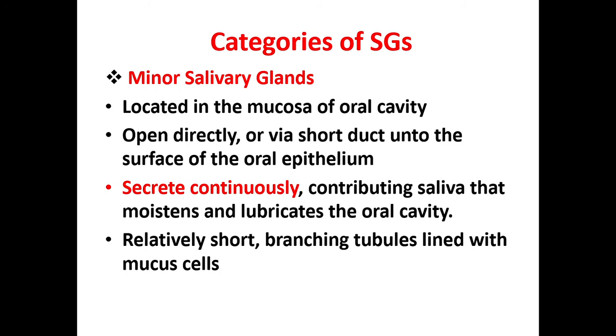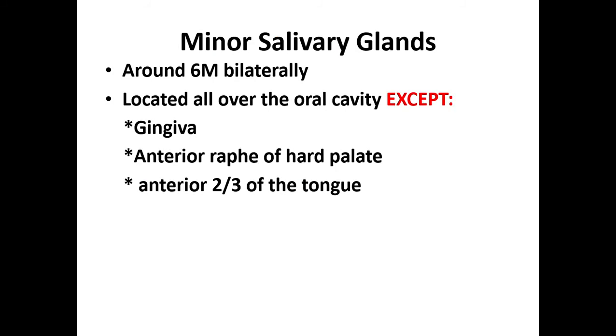The minor salivary glands secrete continuously, contributing saliva that moistens and lubricates the oral cavity. The ducts are relatively short, branching tubules lined with mucous cells.